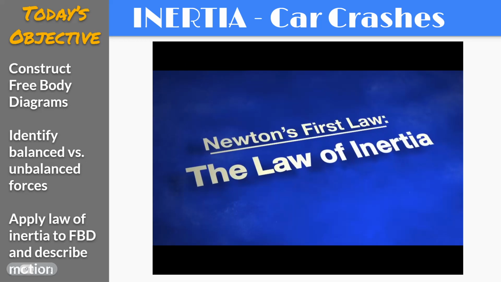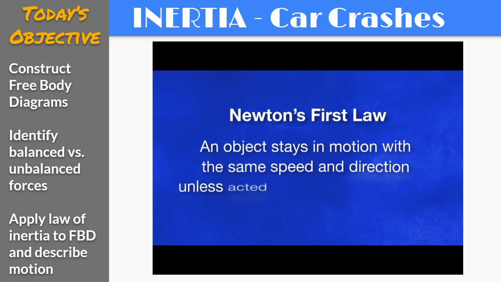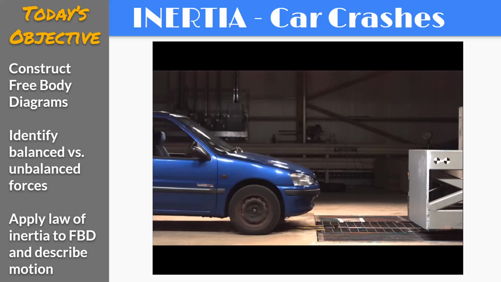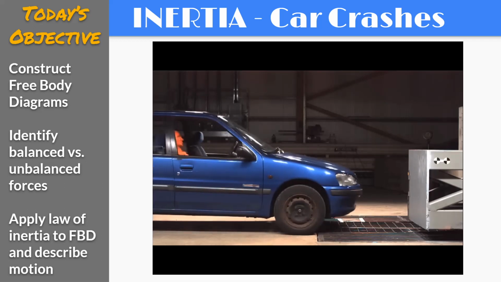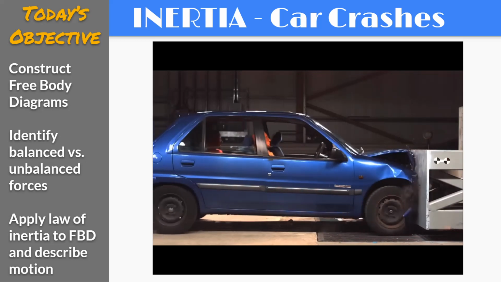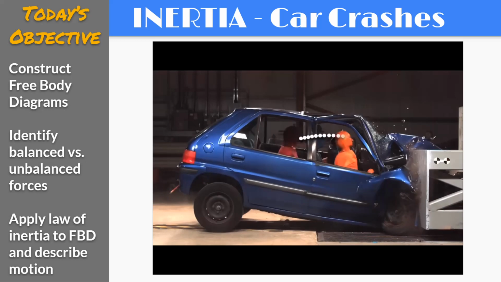Newton's first law of inertia states that an object stays in motion with the same speed and direction unless acted on by an external force. Normally, a car and its occupants move around at the same speed, but when an external force is applied to the car, in this case by the crash test block, the occupants continue to move forward at the same speed until a force is applied to them.